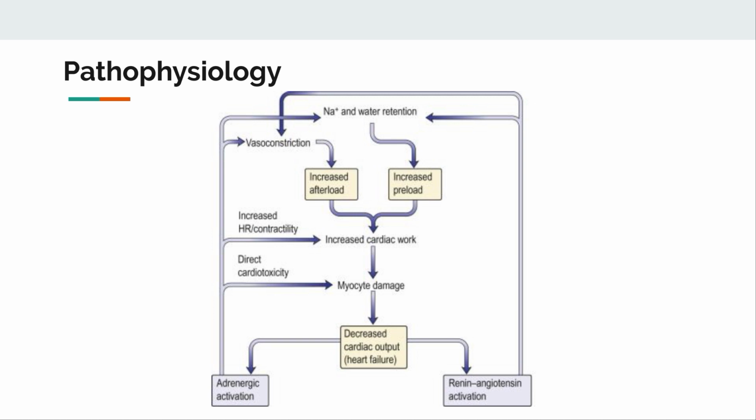This leads to fluid overload, which increases the workload of the heart, leading to remodeling of the heart and less efficient functioning of the heart, which leads to decreased cardiac output, which again further activates these systems, which again overloads the heart and gives you a positive feedback cycle that makes your heart grow bigger and floppier and less efficient and fail more and more over time.